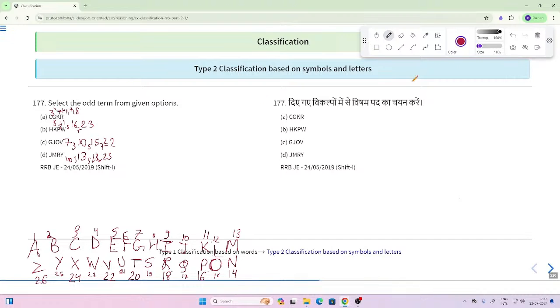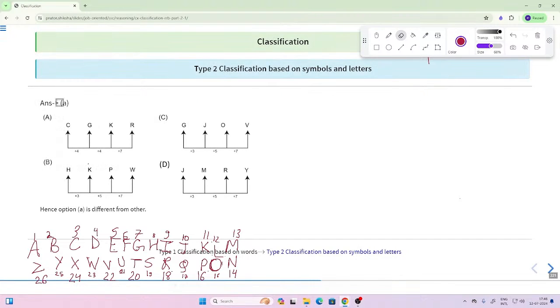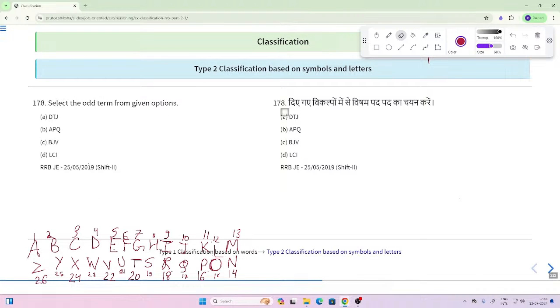Yes, so it's clear that option A is wrong. It does not follow the plus 3, plus 5, plus 7 pattern as with the rest of the options. It was a 4, 4, 7 pattern. So A is the incorrect option. Next odd one out.